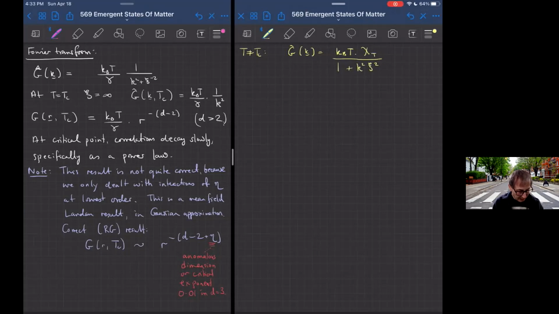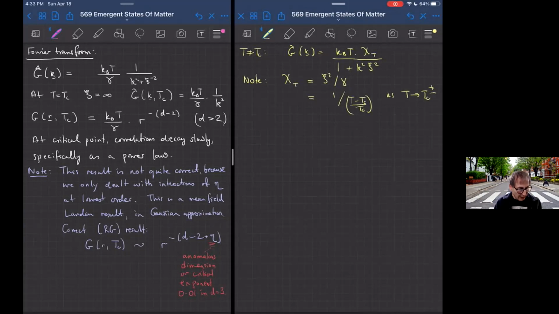So this is the functional form, and now what we have to do is the inverse Fourier transform. In this formula, you should note that the static susceptibility is just the correlation length squared over gamma, and so we can see that it scales like 1 over (T minus Tc over Tc) as you approach the critical temperature.